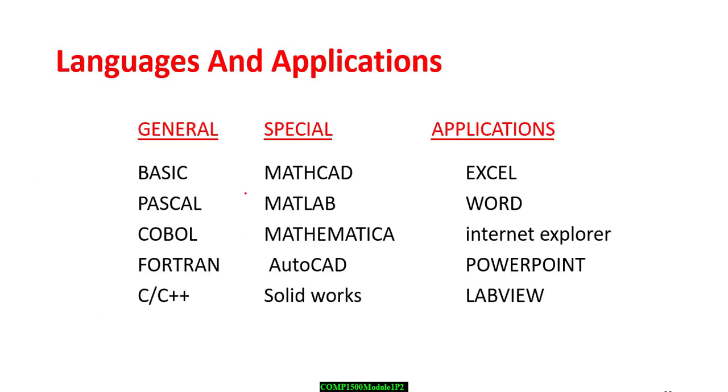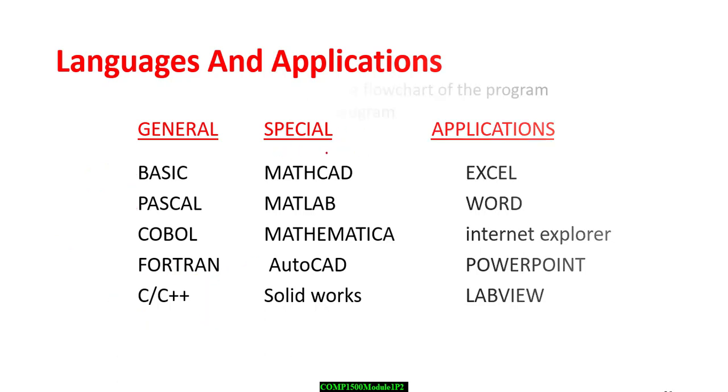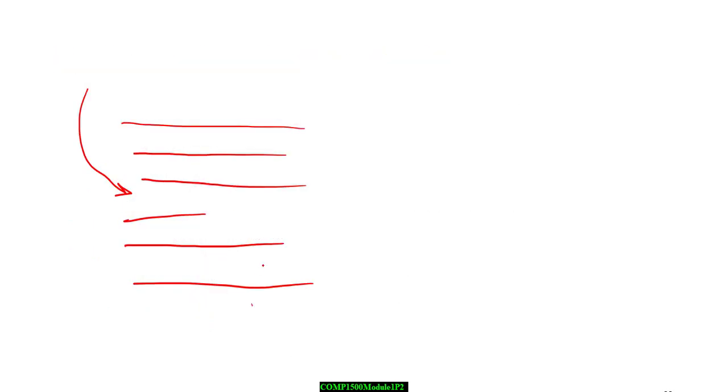So general types of programs. The general programming languages are BASIC, Pascal, COBOL, Fortran, C++. We are going to learn C++. Special programming include the MathCAD.